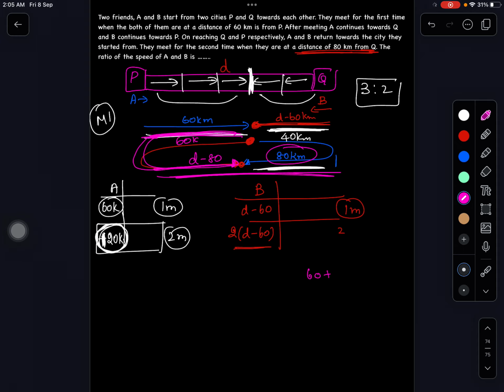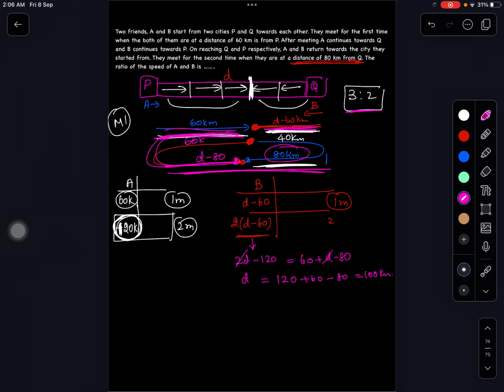So 60 plus D minus 80, this is the same as 2D minus 120. So cancel it out. What we have is D is equal to 120 plus 60 minus 80, which is equal to 100 kilometers. Once we have the total distance 100 kilometers, we know that A has covered 60 and the remaining 40 is covered by B. So their speed ratios are 3:2.